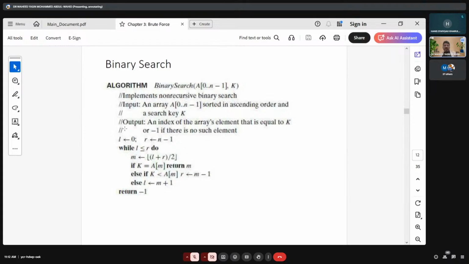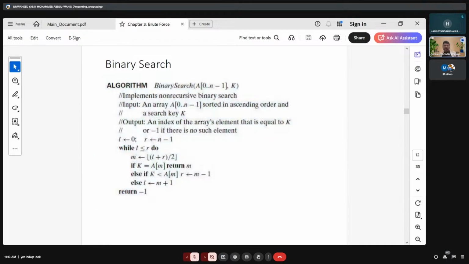Here we have l equals 0, r equals n minus 1, left and right. While l less than or equal to r, do m equals (l plus r) divided by 2. This is the middle of the array. If K equals A[m], return m. If it is equal to A[m], return the index m.